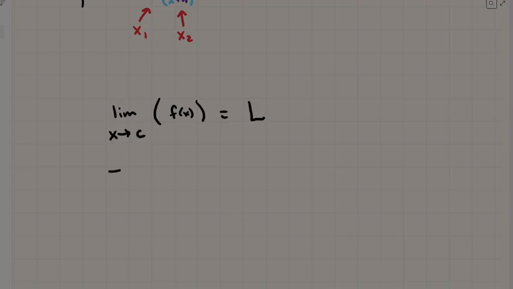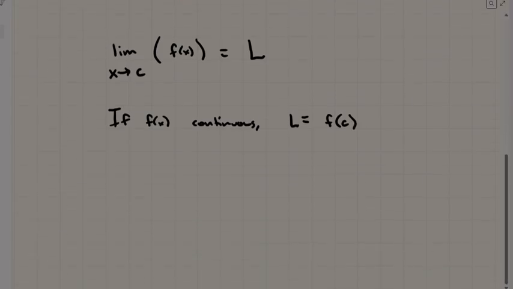And so if f of x is continuous, then the value of L, if we evaluate the limit, will just equal f of c if we plug it in as the value of x.